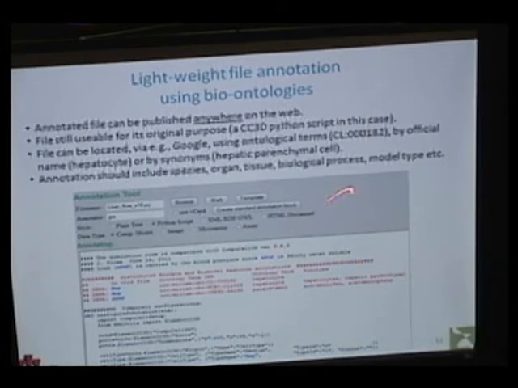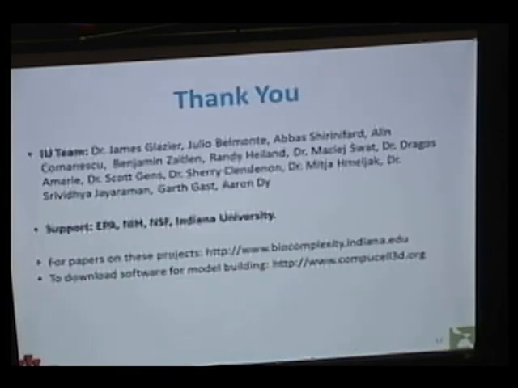This Python code is searchable by Google, and if somebody queries for acetaminophen, they will find this file. If they do a more complex search, they will only find this file. In fact, if they include this distributed biodata biomodel resource annotation, they will only find this file if they query acetaminophen. And I think I'll stop there because I think I'm on time.